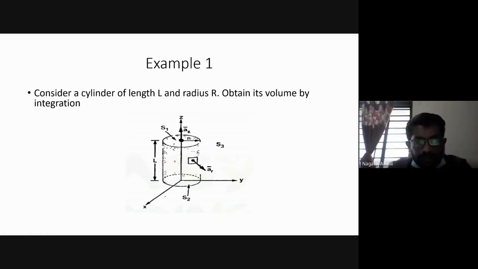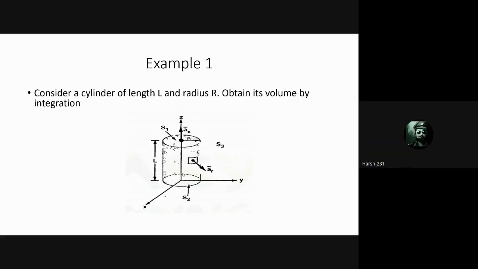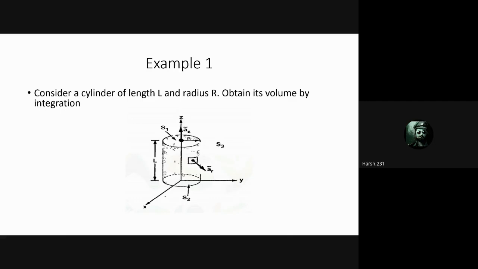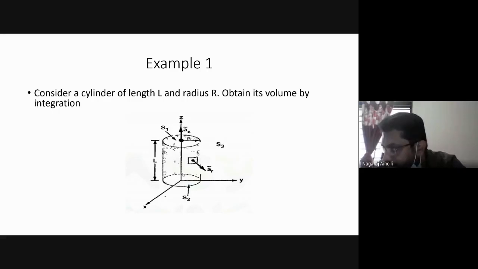Just add whatever areas you have got till now. Sir, 2 pi RL plus pi R square plus pi R square. Yes, correct. Pi R square plus pi R square will be 2 pi R square, plus 2 pi RL. Still you can simplify that.